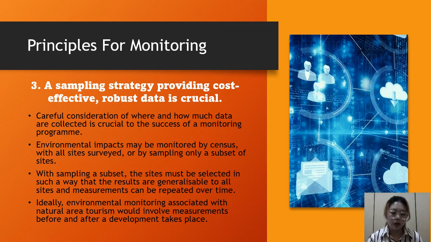Ideally, the environmental monitoring associated with natural area tourism would involve measurements before and after a development takes place, as well as records from the impact site and a similar nearby undisturbed control site.